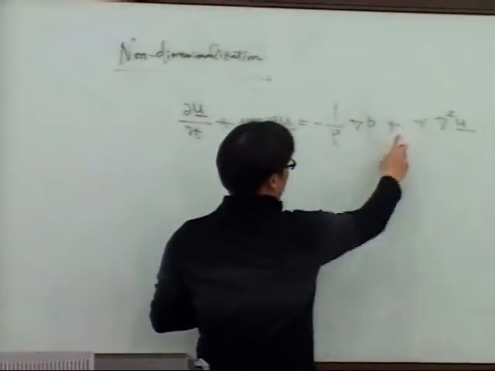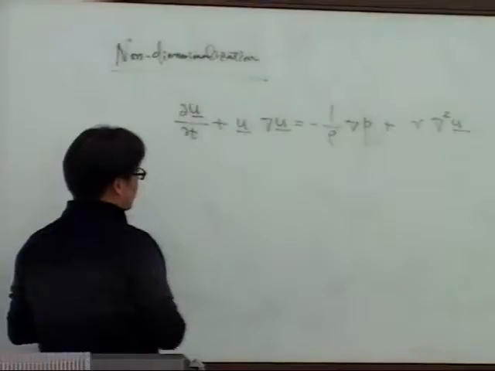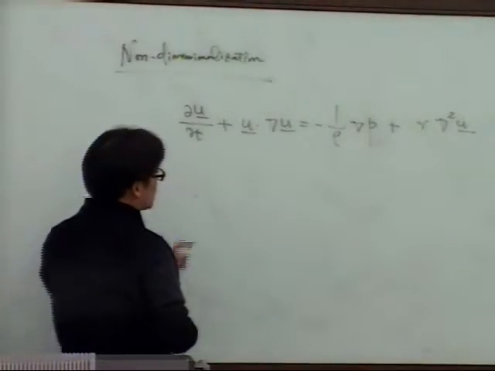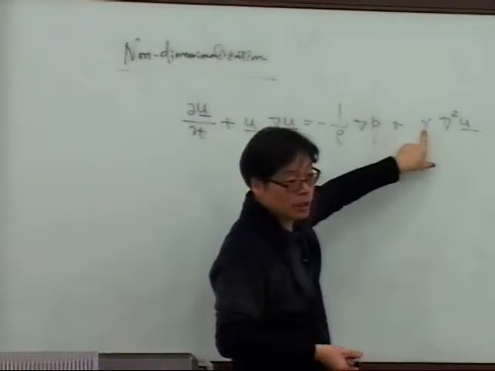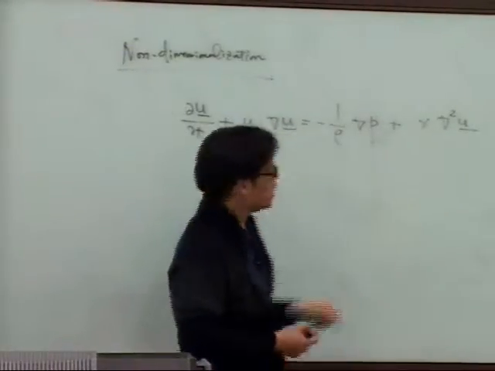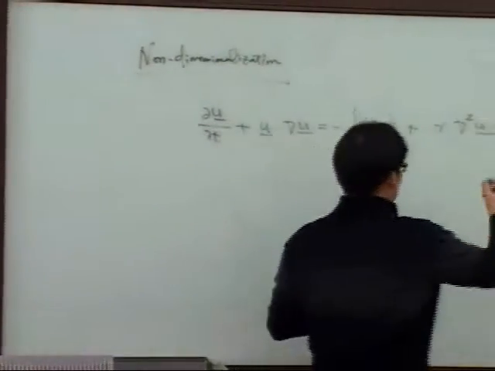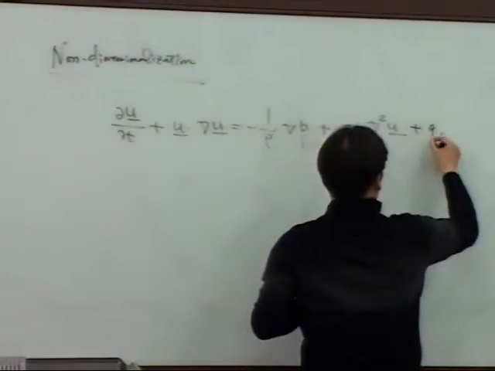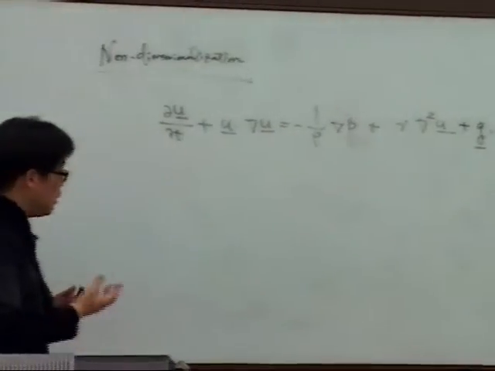Also, I divide the left and right hand sides by rho. So I have 1 over rho here, and instead of mu divided by rho, I use kinematic viscosity nu. And also you might have a gravitational acceleration g here, which is a body force.